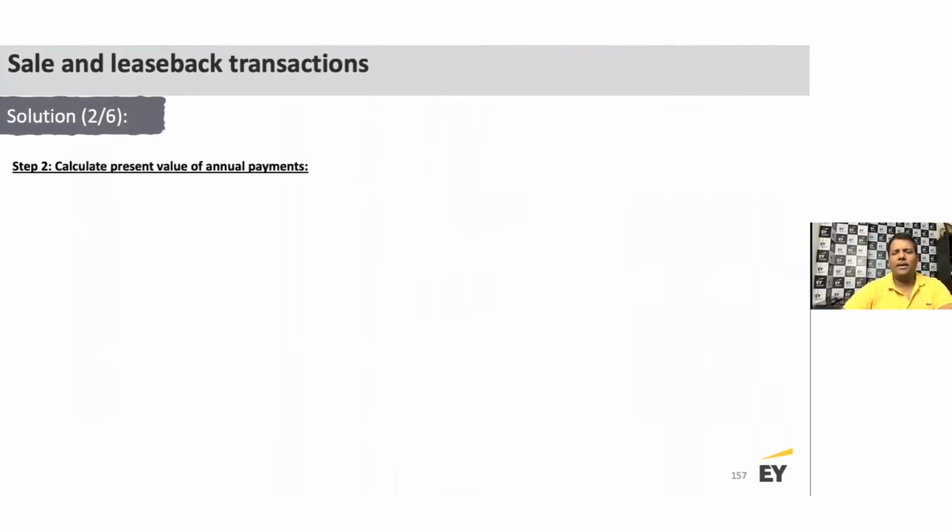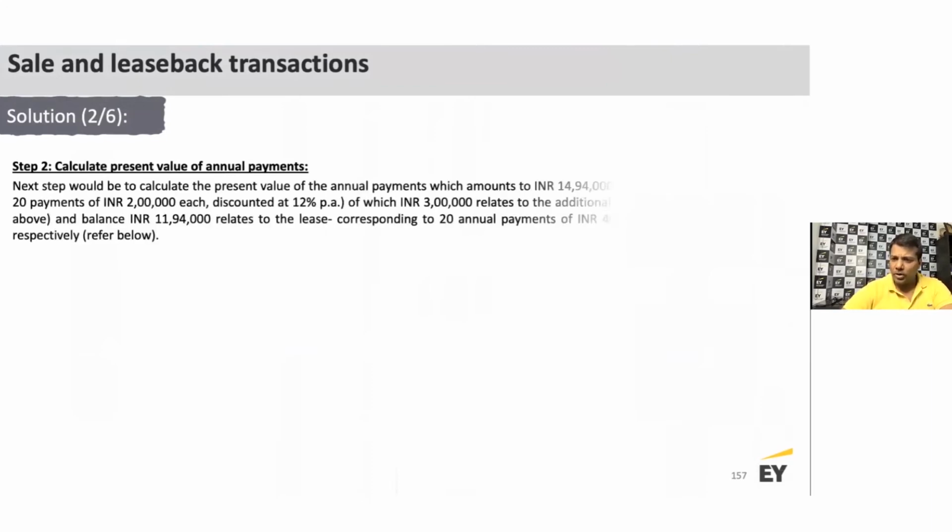Now I'm going to look at step two, to calculate the present value of how much I need to make as payment. I need to make a payment of 20 installments of 2 lakh rupees each at the rate of 12%. If I discount it, the present value is 14 lakh 94,000.